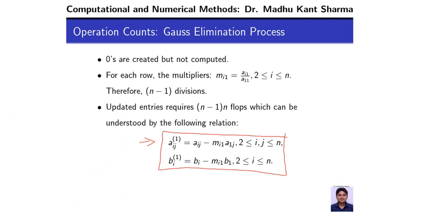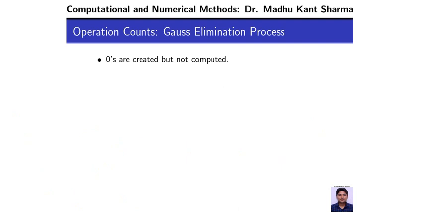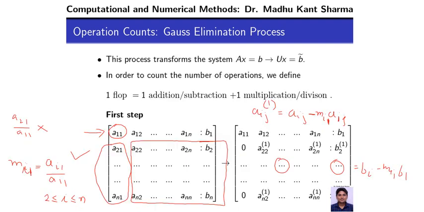Okay, so according to this block, this is n into n minus 1 block, right? This has n minus 1 rows. So this block is of order n minus 1 into n.